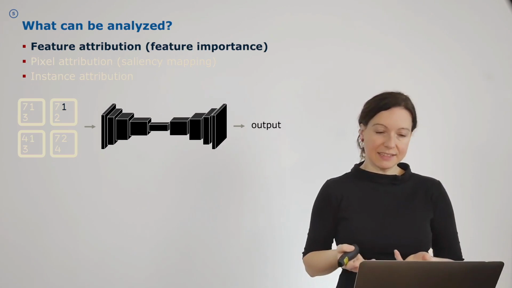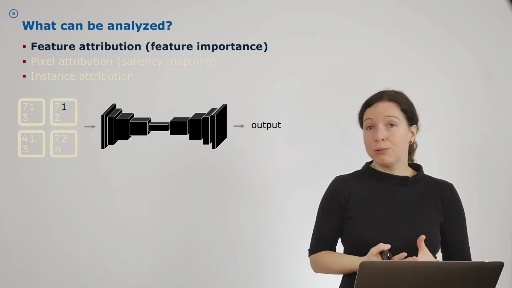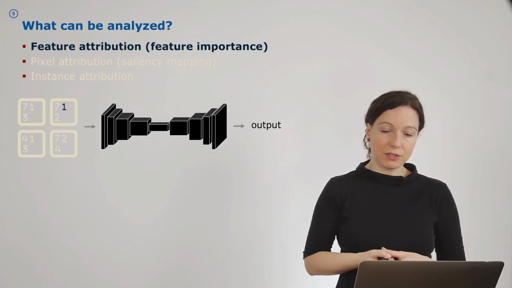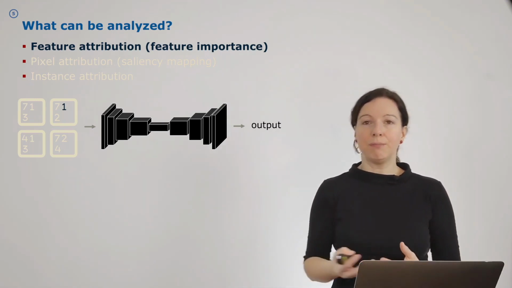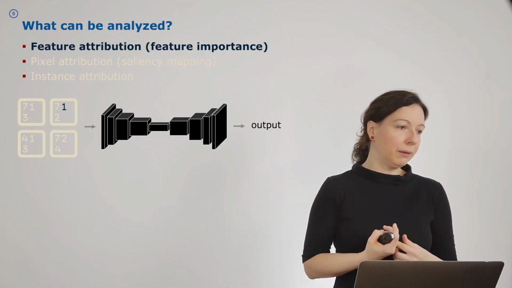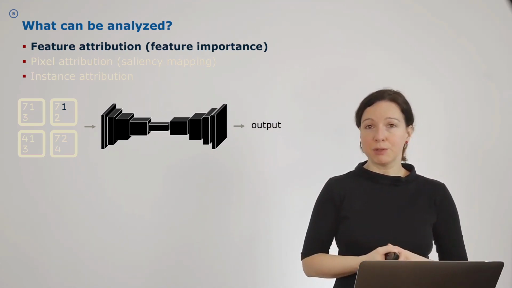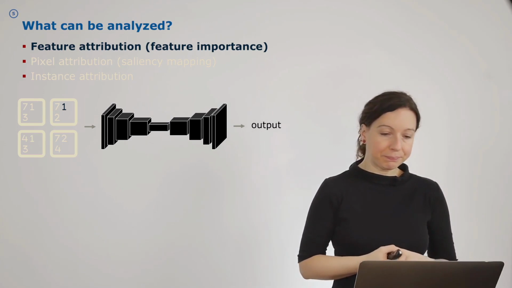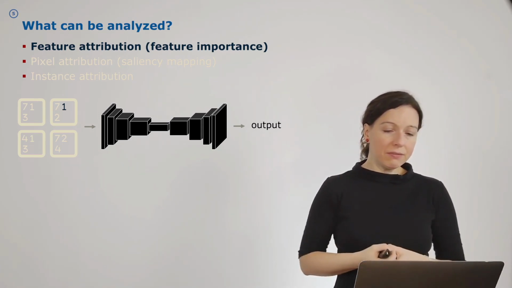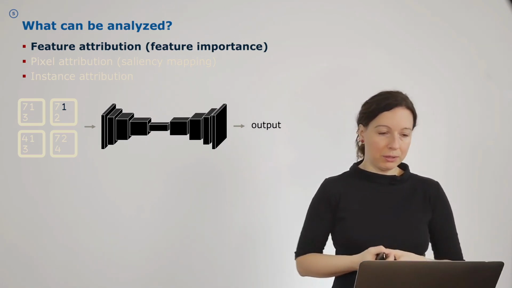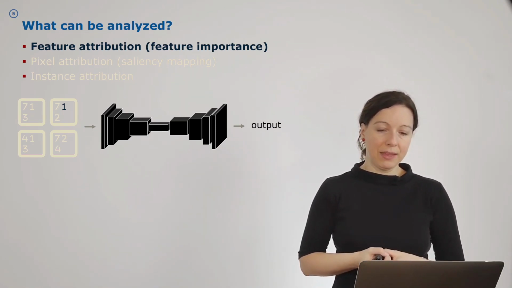Feature attribution, for example, looks at specific features like a specific type of measurement, for example, one dimension if you take a hyperspectral measurement. And very often this is referred to as feature importance. We also talked about this in the last lecture.